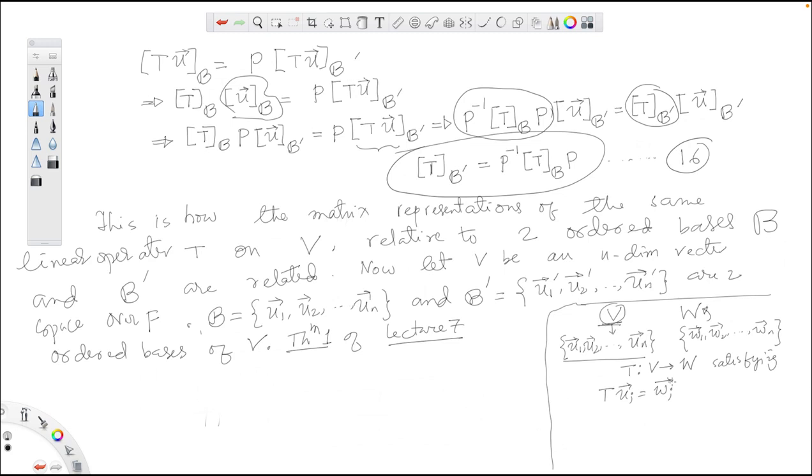It's important to note that such a linear transformation exists and is unique.